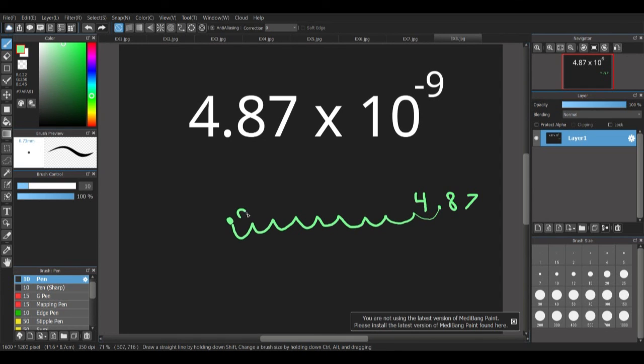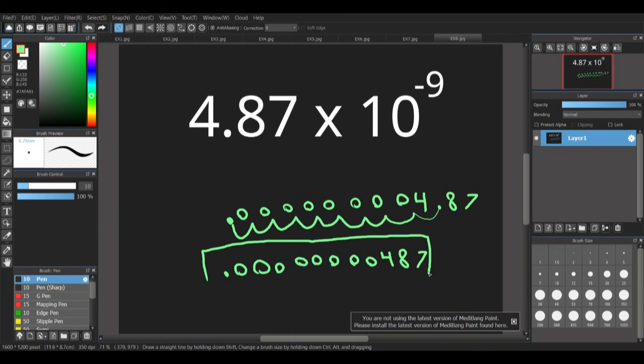And then fill in all the gaps with zeros. And that's all we have to do here, because there's no zeros in our coefficient, so our answer will automatically have the correct amount of sig figs, assuming we don't add any lines or any notation. So here will be our final answer.